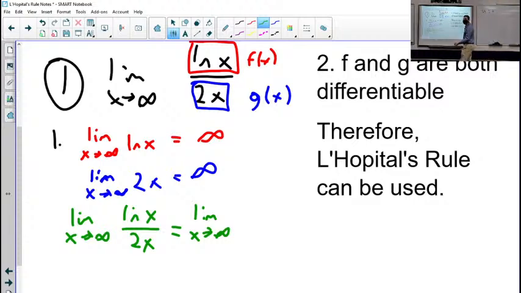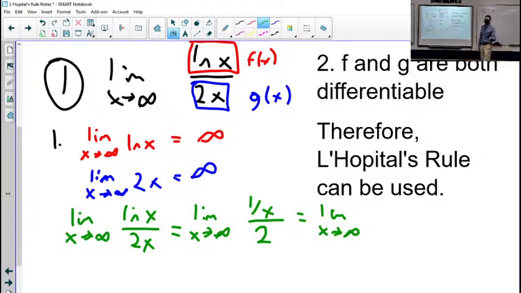Derivative of natural log of x is 1 over x. Derivative of 2x is 2, so we have 1 over x all over 2.